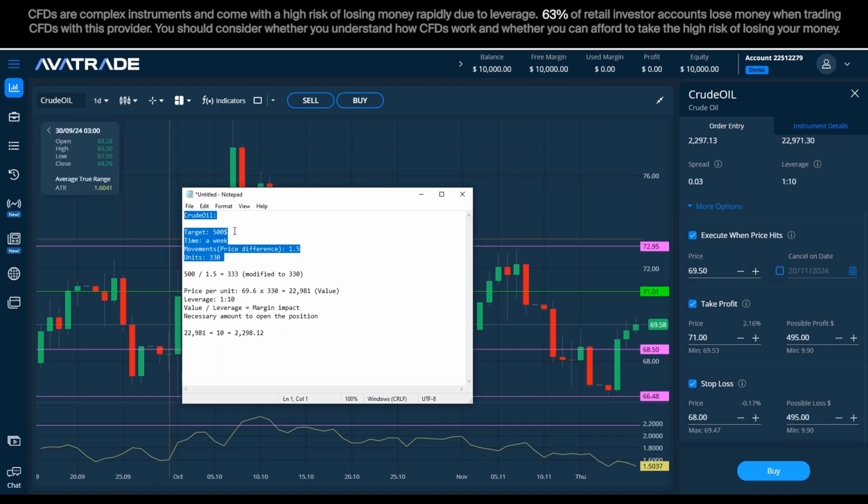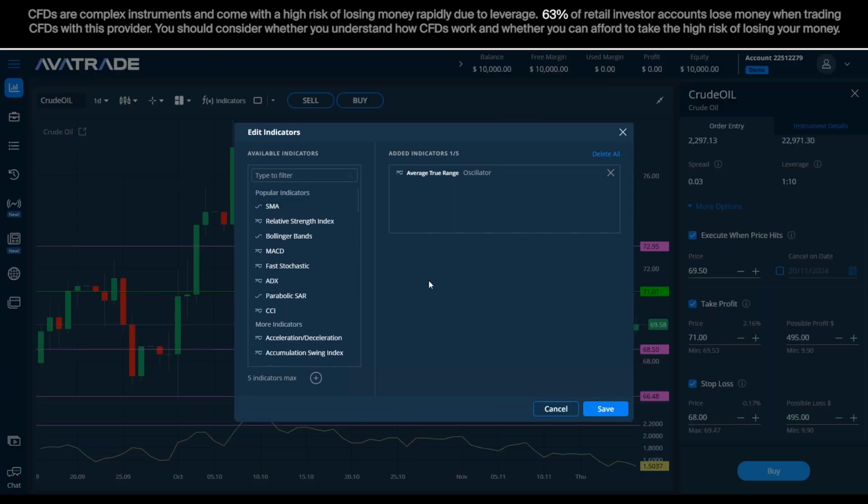First, we put down the 4 ingredients: target, time, movements, and units. We decided what amount we want during what time, and then we apply the indicator average true range to give us an average. We can also modify the amount of candles we take by changing the length at the top.